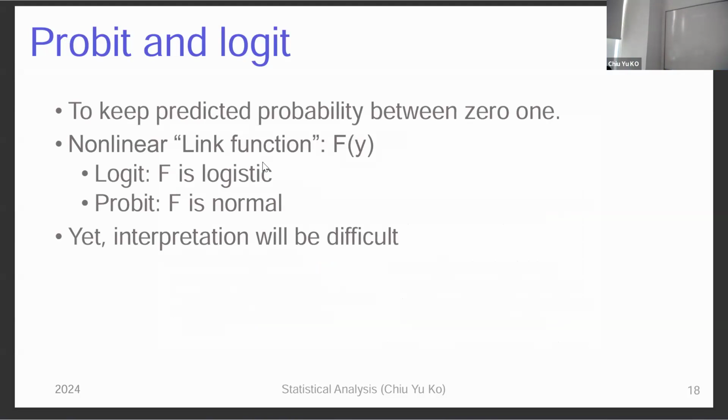One is called Logit, one is called Probit, or normal. Okay, but their interpretation is a little bit more difficult. Then in this case, we'll keep them between 0 to 1. Let me quickly mention what it is, then before going to break, maybe allow me 5 minutes, then we'll break.